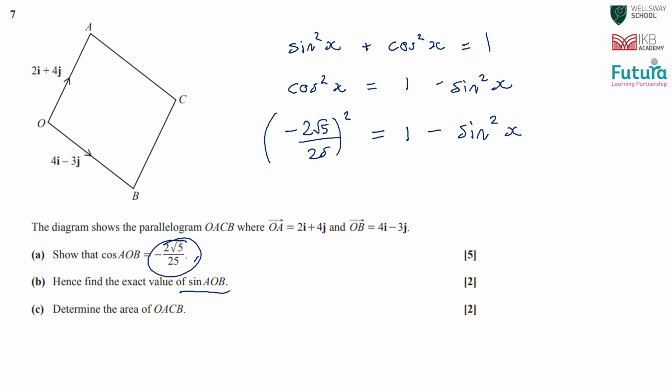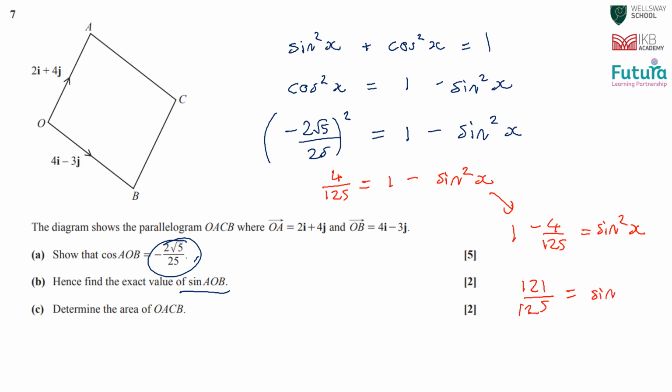So if we work that out, minus 2 root 5 divided by 25 squared gives 4 over 125 equals 1 minus sine squared x. We can therefore get that 1 minus 4 over 125 equals sine squared x, like that. 1 minus this is 121 over 125 equals sine squared x.